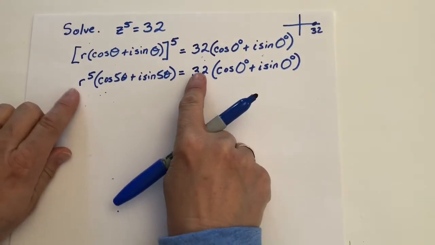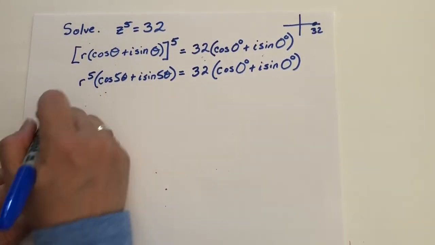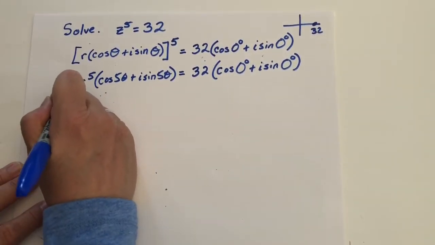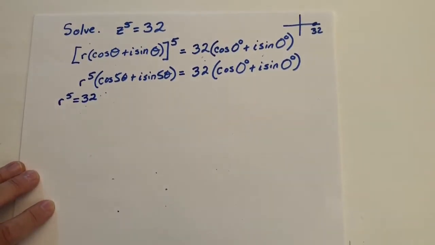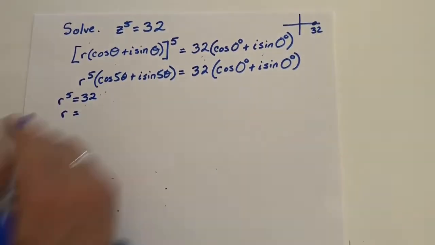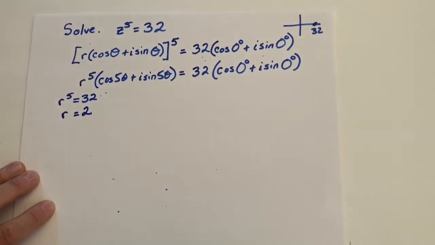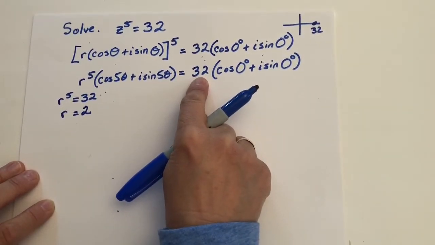Well, we want these 2 things to be equal. So here's what we can do. We can set r to the 5th equal to 32. And if we take the 5th root of both sides, we'll have a value for r. We'll have the magnitude. So our r will be 2, because this will always be a real number.